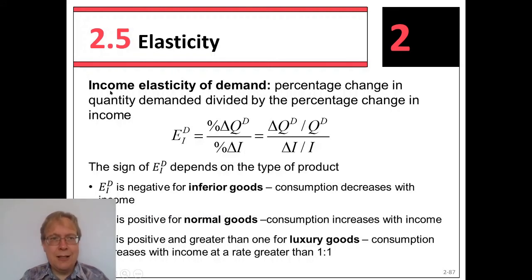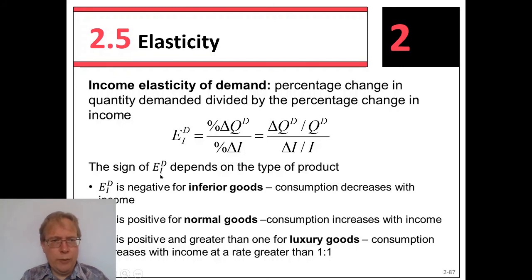So what does the income elasticity of demand tell me? It tells me how much demand changes if income changes. In other words, my income elasticity of demand is my percentage change in quantity demanded divided by the percentage change in income. You can also write it like this, and you can also use the derivative if you have the function.